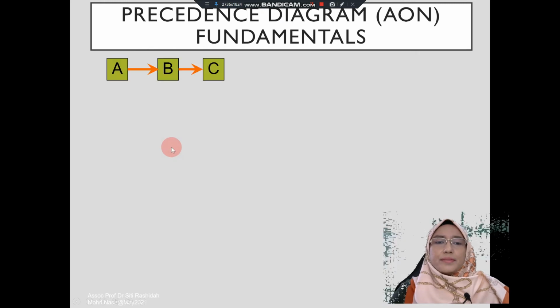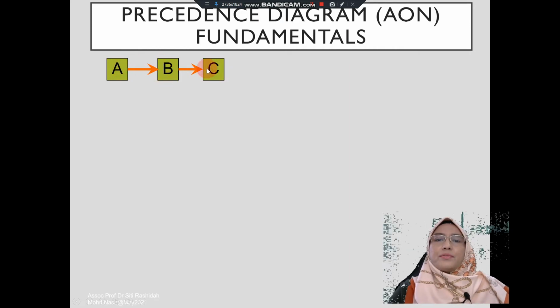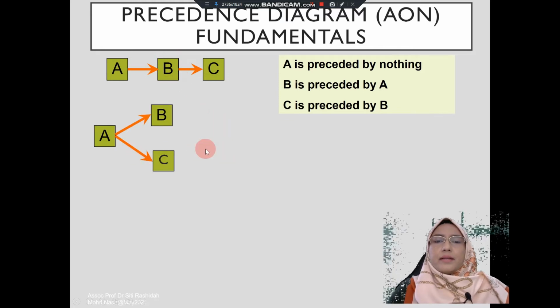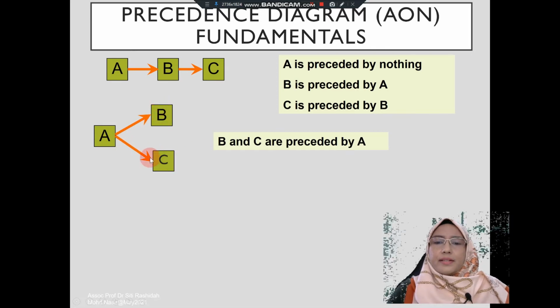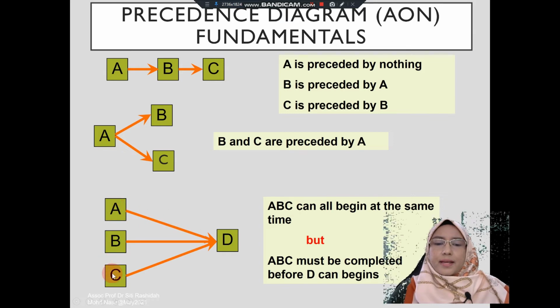For example, if you have this network, activity A followed by activity B followed by activity C, it means that activity A is preceded by nothing, activity B is preceded by activity A, while activity C is preceded by activity B. For this network, it means that activity B and activity C are preceded by activity A. And for this network, it means that activity A, B, and C can all begin at the same time, but A, B and C must complete first before activity D can start.